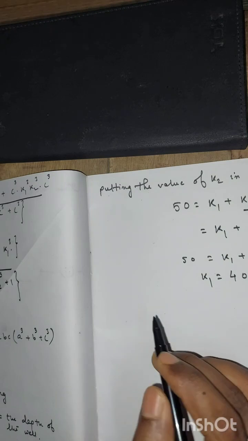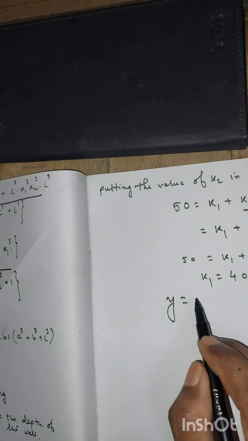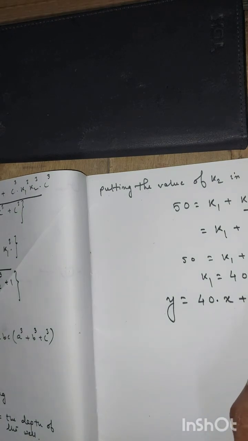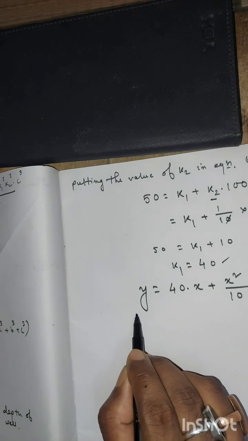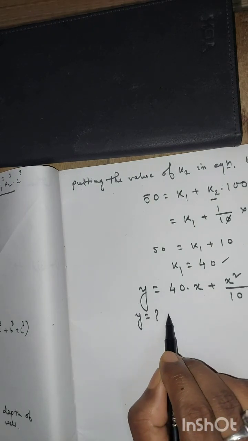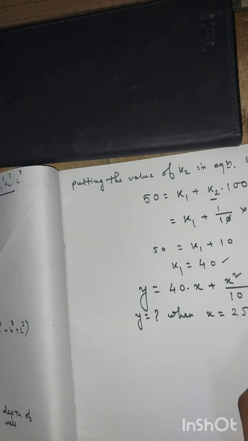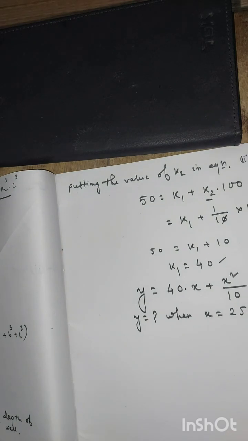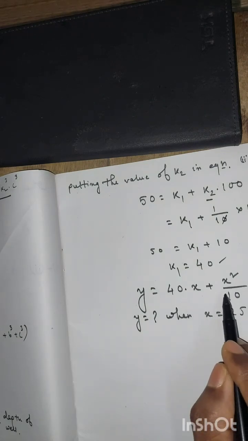So equation 1 becomes y equal to 40 into x plus x square by 10. We have to find out y equal to question mark when x equal to 250 dcm. Now in this equation we are putting the value of x.